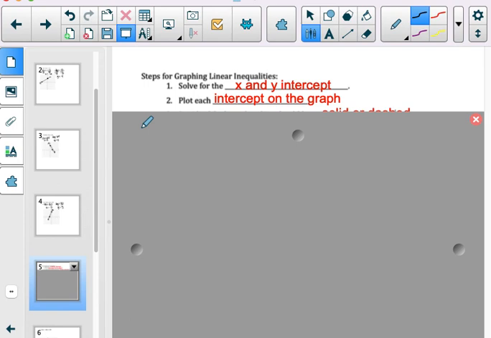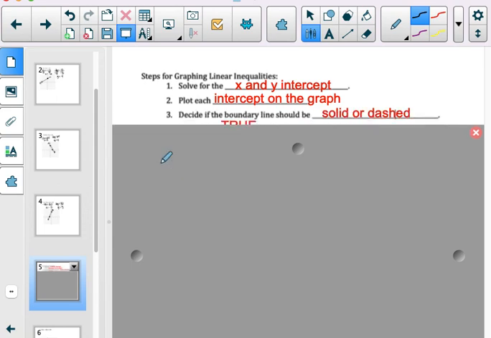So this is comparable to when we had open and closed circles when we were graphing on a number line. The same rules apply. So less than and greater than signs had open circles because I could not equal that value. That is what a dashed line is going to be.